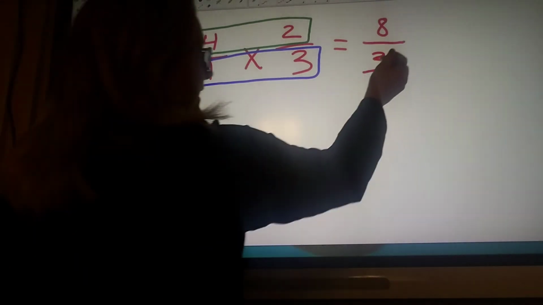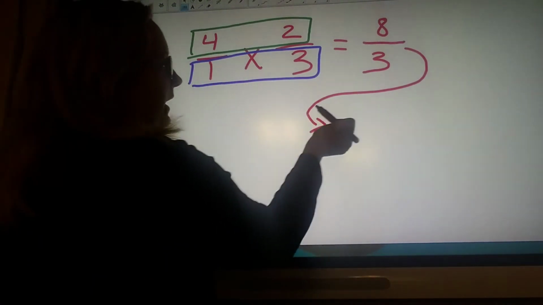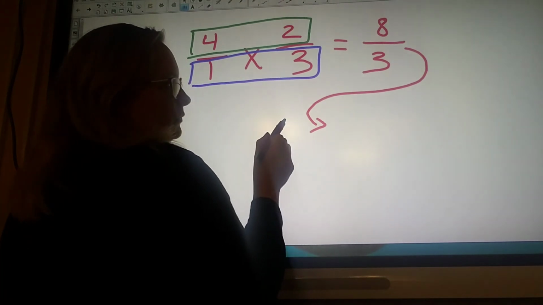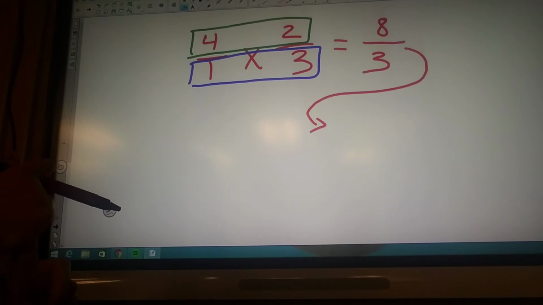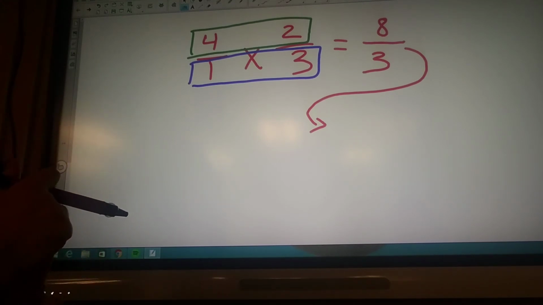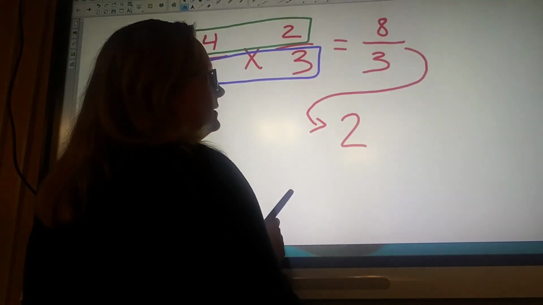So how would I turn 8/3 into a mixed number? Well, how many times does 3 go into 8? 3 times 1 is 3. 3 times 2 is 6, right? 3 times 3 is 9 and it's too big. So it goes in there 2 whole times. 3 times 2 equals 6.